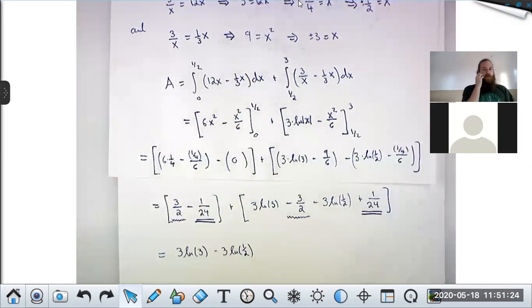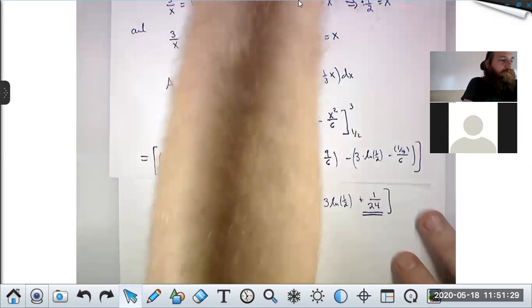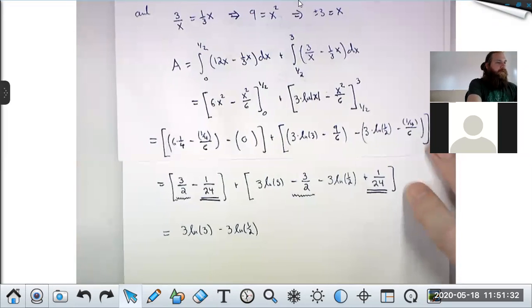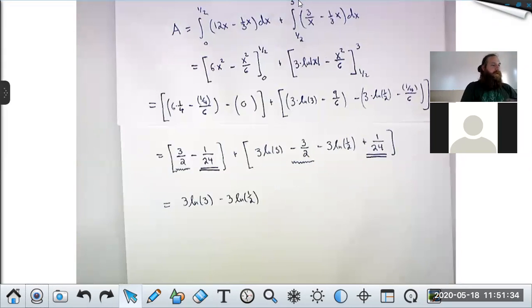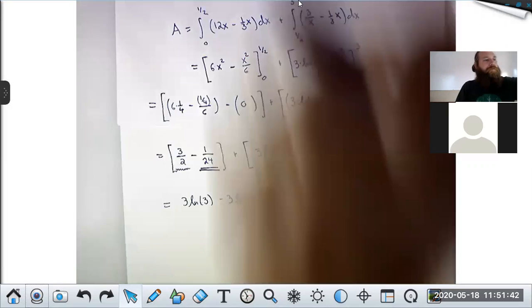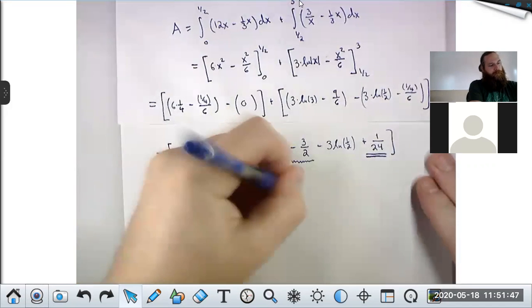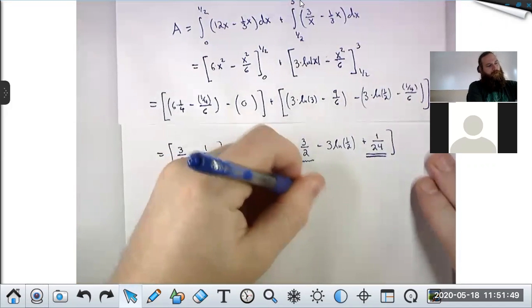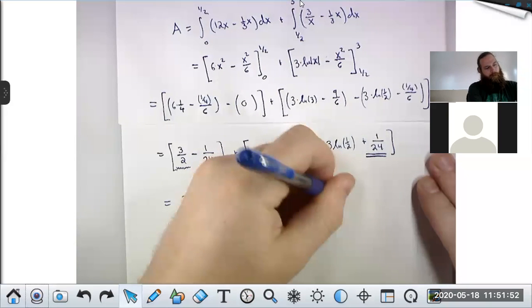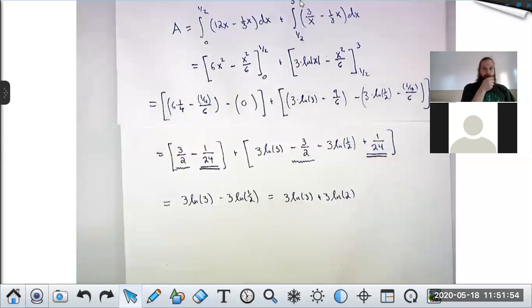And you might be curious if there's anything you can do with the rules for logarithms to further simplify. You can. If you want to, you could write the minus 3 ln 1/2 as a plus 3 ln 2, because the natural log of 1/2 is the same as the negative of the natural log of 2.